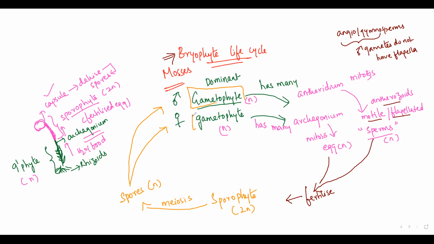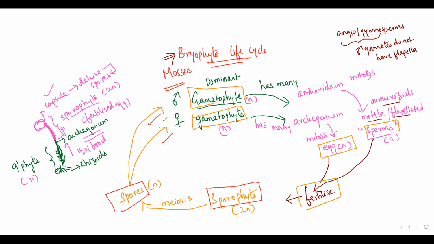They have a haploid gametophyte producing the gametes, which fertilize and produce a diploid sporophyte, which undergoes meiosis to produce spores, and these spores germinate to form a gametophyte again. Children, these are the points for your bryophyte life cycle that you need to understand and remember.